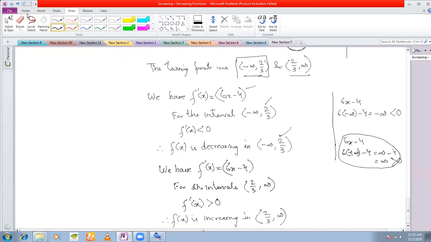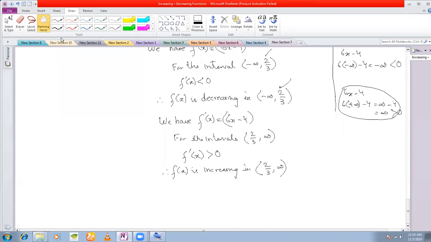Now there is something very important to note here, which we'll be seeing later on also. Suppose this is your x-axis, this is your 0, this is your minus infinity, and this is your plus infinity. This x is equal to 2/3 is a turning value. f x is first decreasing from minus infinity, like this.